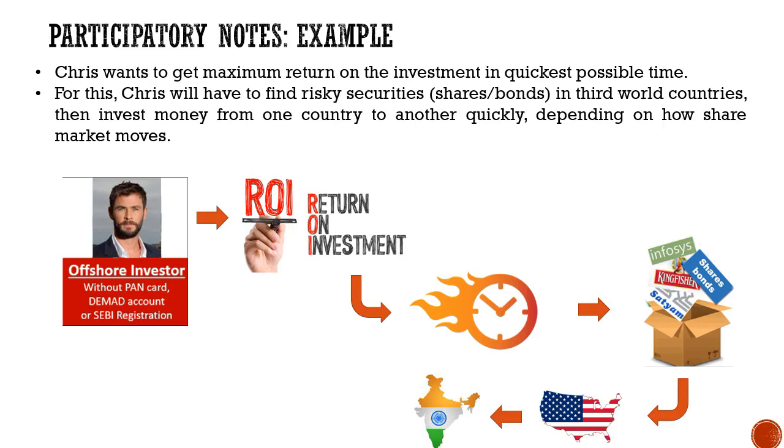So if Chris wants to get maximum return in a very short time, securities, shares or bonds are the only way where you can earn very quickly, but they are quite risky. In that case he'll have to transfer the money from one country to another, and that also depends on how fast the share market moves.